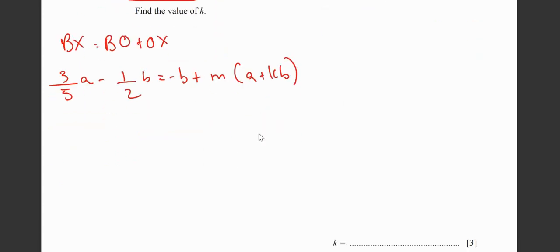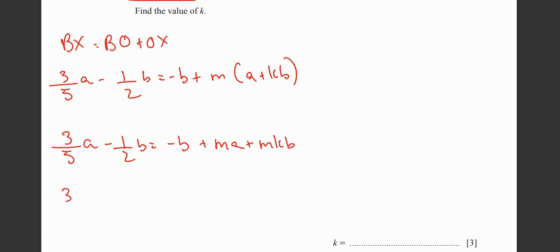So this becomes 3 upon 5 A minus 1 upon 2 B is equal to MA, because I have expanded it, plus M multiplied by KB is MKB. Alright. And let me do the whole thing for you so that you guys don't get confused in the middle of the way. So it's negative B plus MA plus MKB.